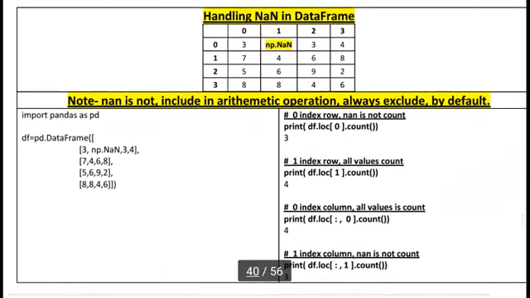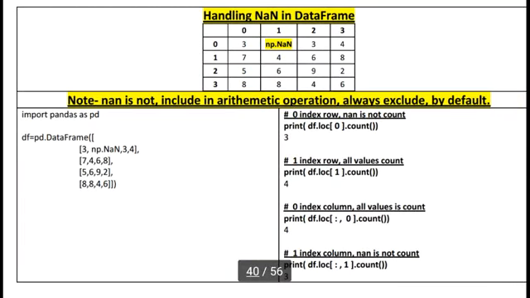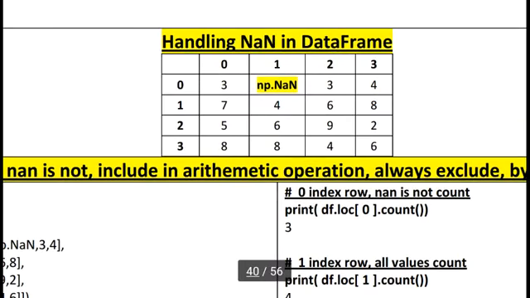Now these are the simple things. I have already discussed this, but I want to revise again. Suppose we have np.nan. np.nan means a null value in our language, because data is missing or unknown, or we can say data is not available at this time. We can't leave it blank, so here I am using np.nan.